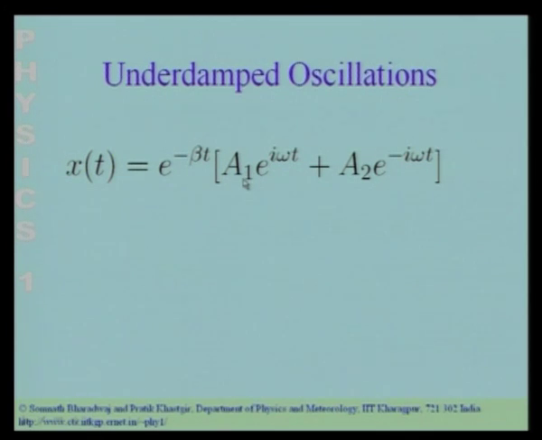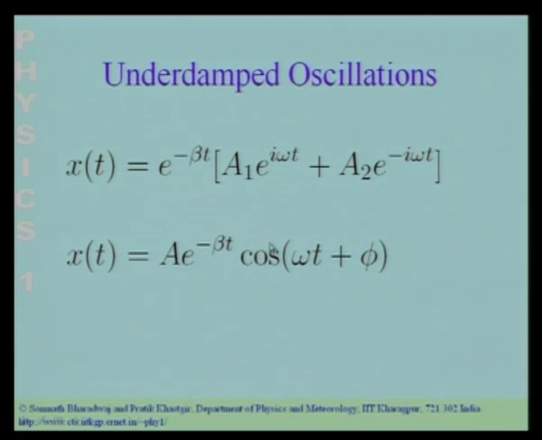The major difference is that you have this extra factor e to the power minus beta t outside. The role of this e to the power minus beta t is that it causes the amplitude of the oscillations to go down exponentially in time. So you could take this solution and write it in this form, where the term in the square bracket is essentially A cos of omega t plus phi, and you have this e to the power minus beta t outside.